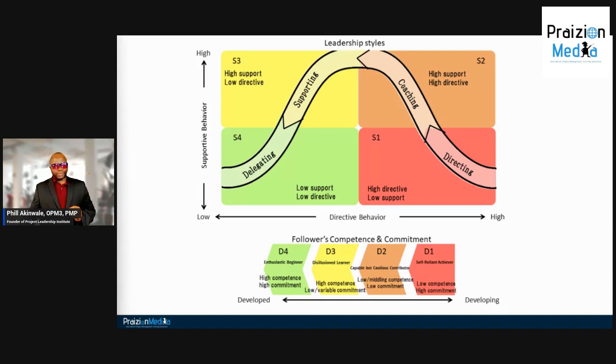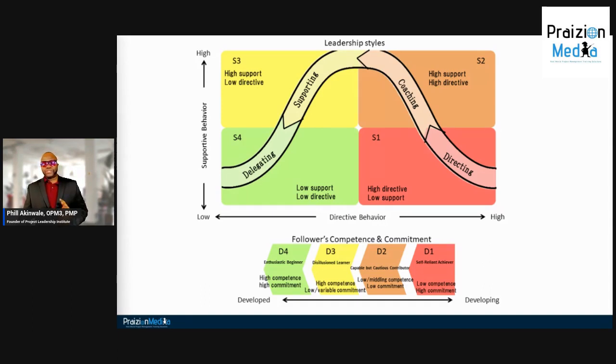For that reason, you cannot afford to be a one-way leader. In other words, you cannot afford to lead in just one way. This model gives you a palette, if you will, for leadership, depending on the people that you are working with.